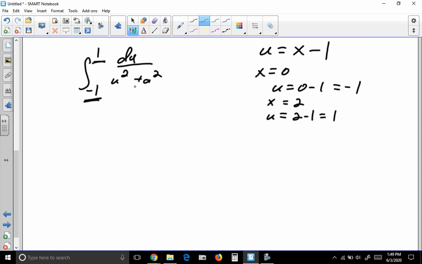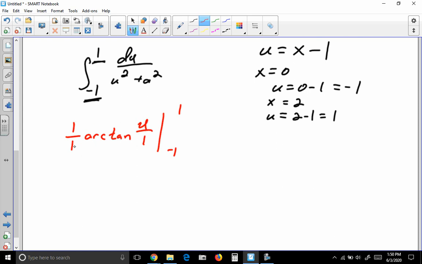So that antiderivative is 1 over a, which our a is 1, arctangent u. Oh, we're not changing back to x's. u over a, and we're evaluating that from negative 1 to 1.